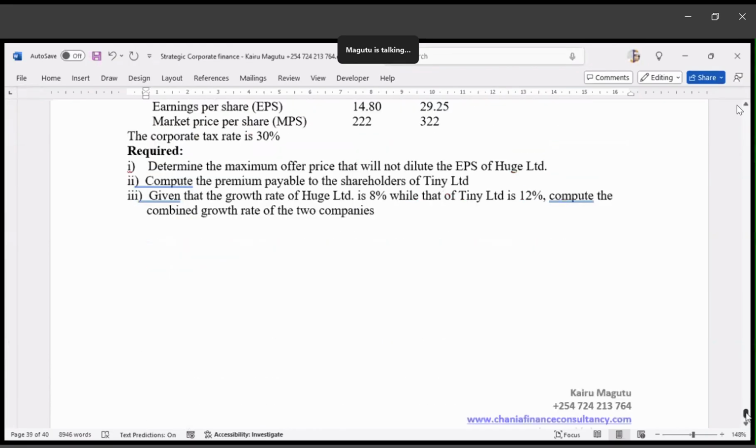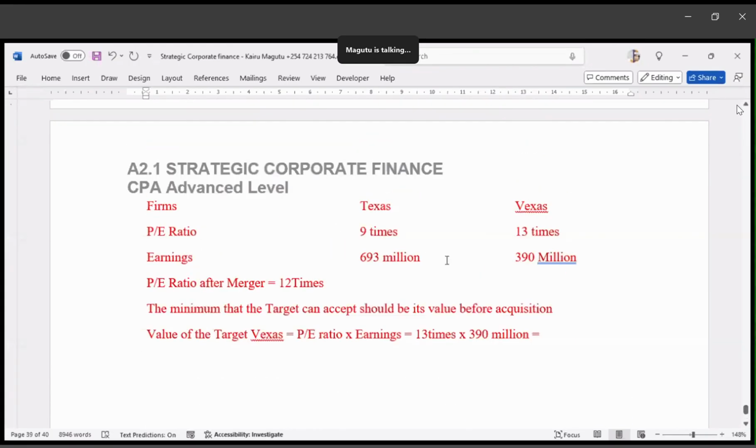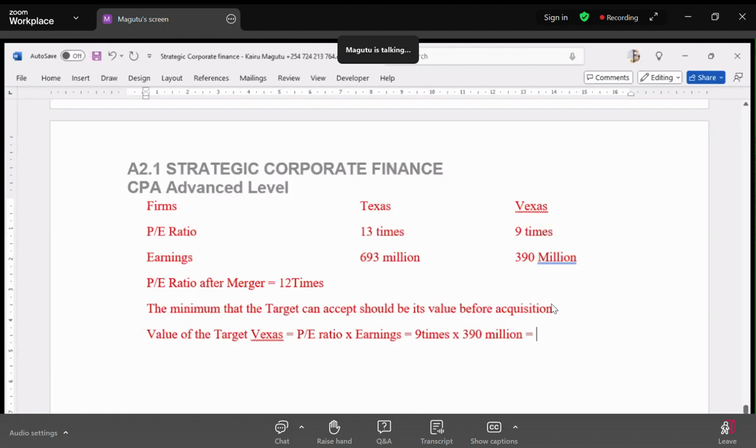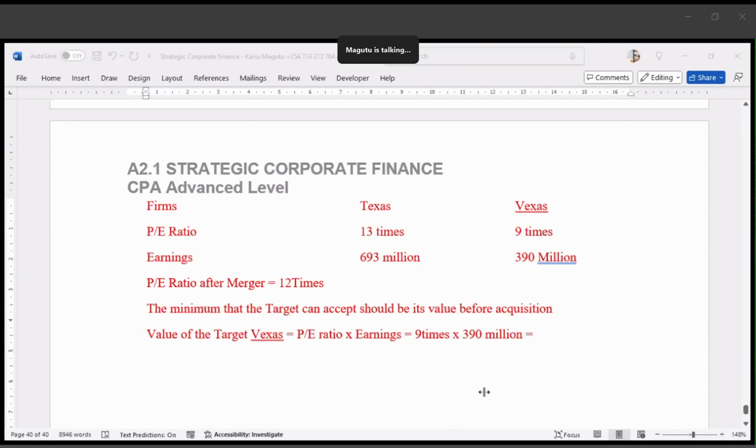Oh, this one is the 13 and this other one is the 9. Thank you for noting that. So this one should have been 9. Let's confirm, how much is the amount? Correct that one. It's 9.